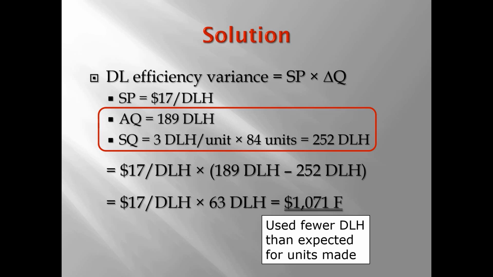And we can see that in the information by comparing the actual quantity of labor to the standard quantity for the 84 units that the firm made. But is this good news or bad news?